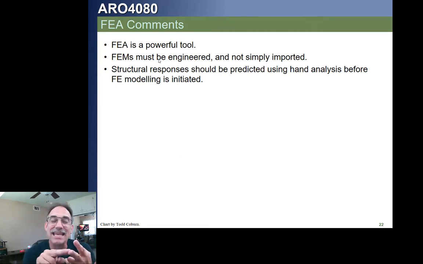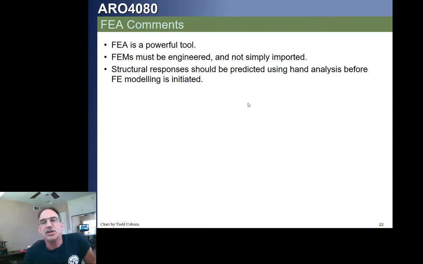With finite elements, we make even more gross assumptions, and those assumptions are hidden from the users, and all they see is a pretty color plot, and it's very difficult to find out what all those assumptions are, where the problems might be. So finite elements are a tool to do a lot of good or a lot of damage, but we have to be careful with how we apply them.